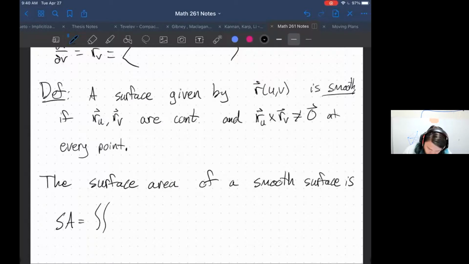It's a double integral over the surface S of the function 1 d sigma. Okay. So I'm happy to write it this way.